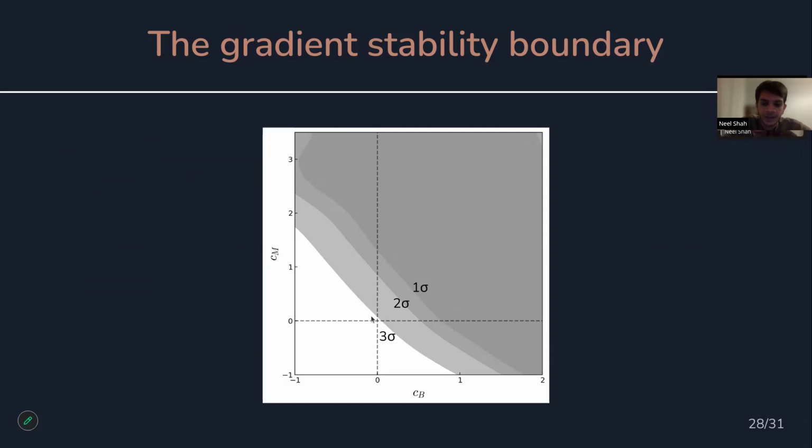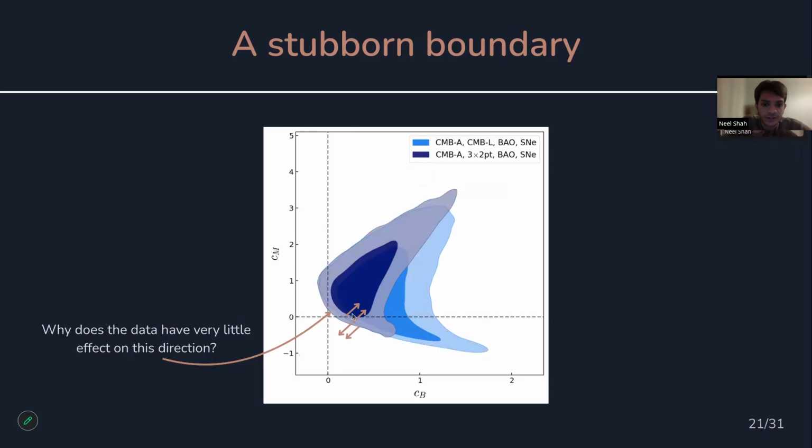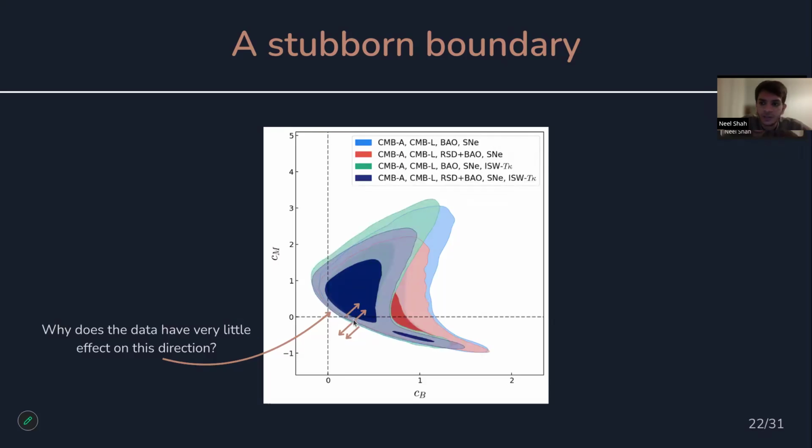And this explains why the contours that we see here do not depend on our constraining power on the perturbations of dark energy at all, but rather they depend on the physics that couples the background and perturbations. They also do depend on what constraints we have on the background. So this boundary depends on our constraints on the background expansion, so on our constraints on W0 and WA, but not our constraining power on CB and CM.